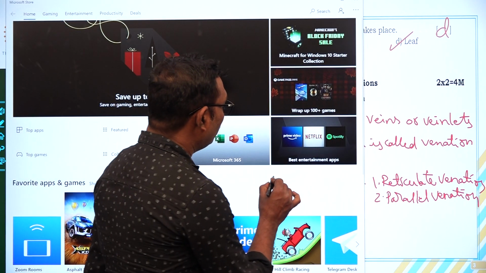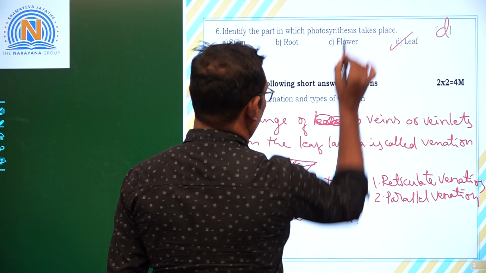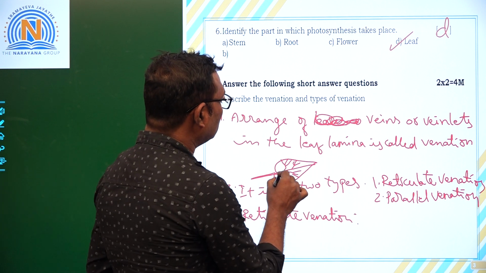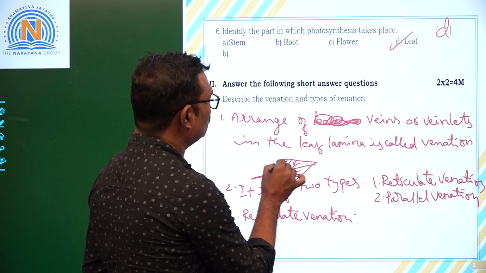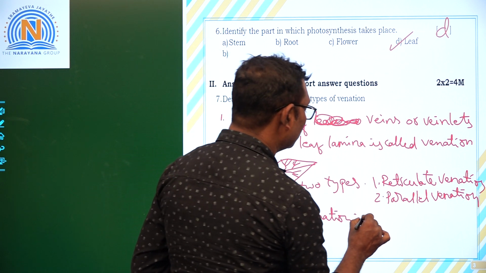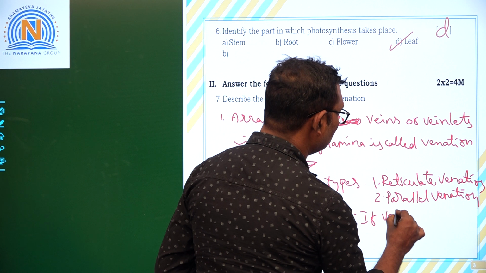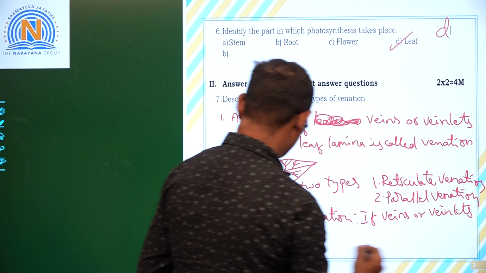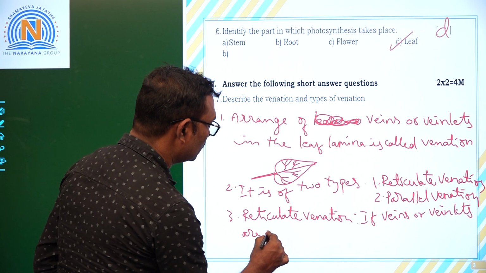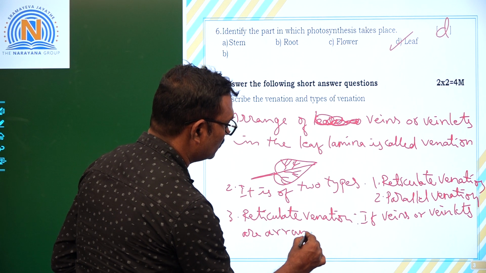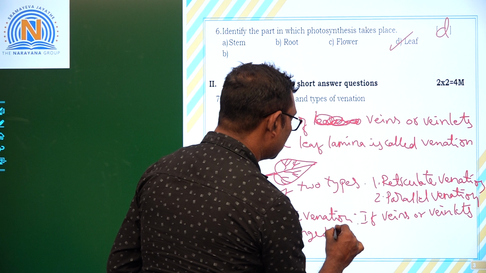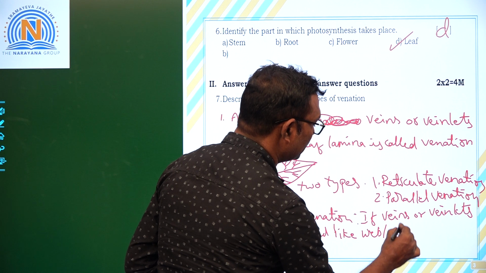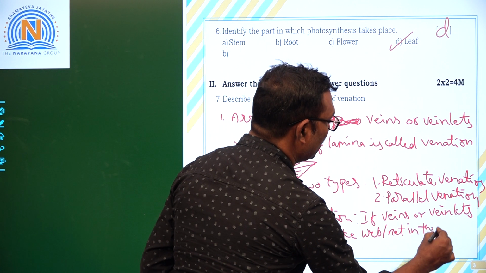Reticulate venation means when the veins or veinlets are arranged in the form of a web or network in the leaf lamina, it is called reticulate venation.